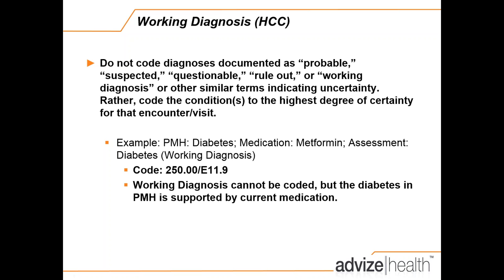Just a slide ago, I mentioned that. When we get into PMH, I'll mention it again, and maybe it'll make more sense there. In other words, if we have a medication on the medication list, and we have diabetes in the PMH, and it's supported, you can use it.